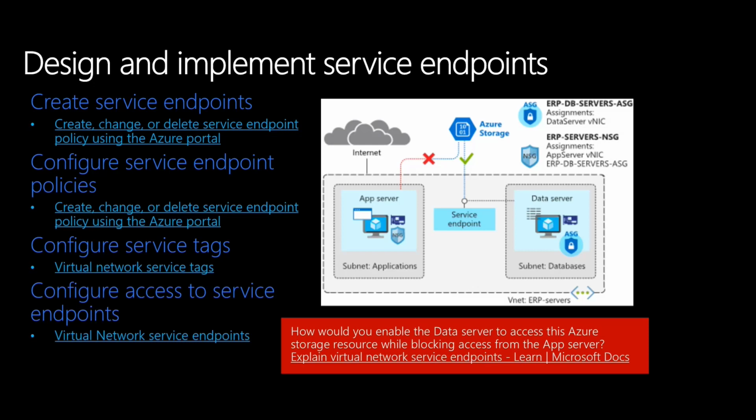And this minimizes the complexity of frequent updates to network security rules. So you could use service tags to define network access controls on network security groups or for Azure Firewall. You could use the service tags in place of specific IP addresses when you create security rules.